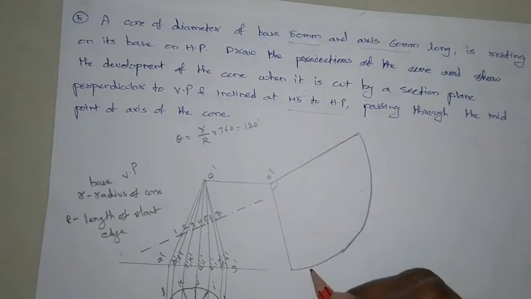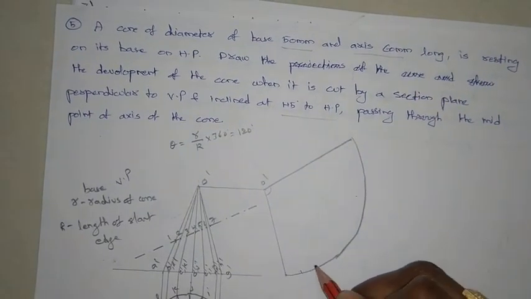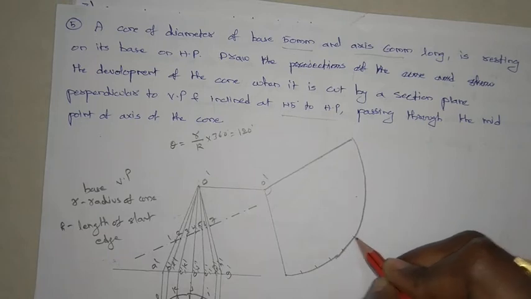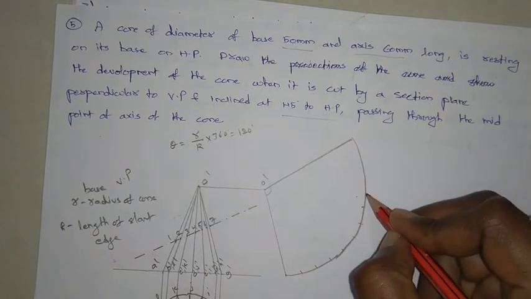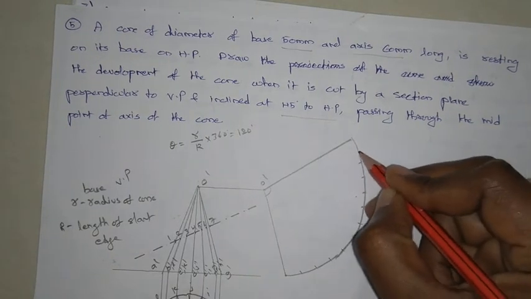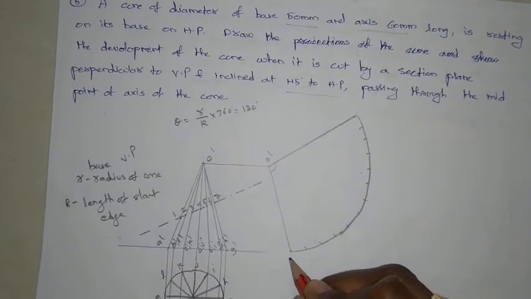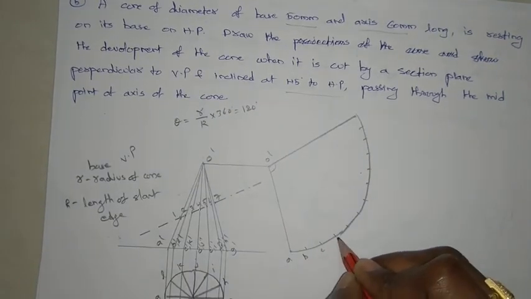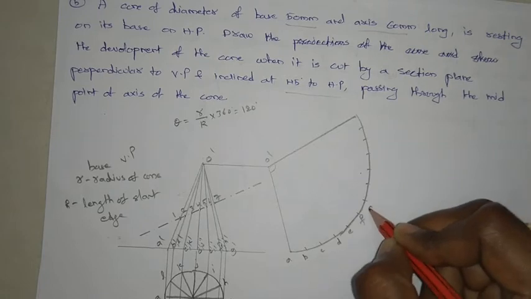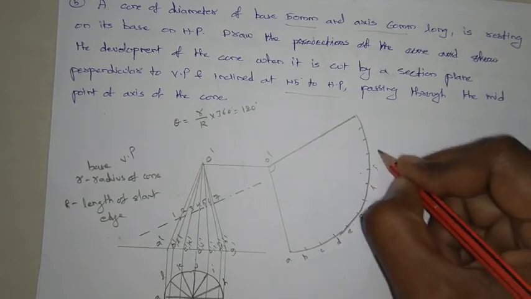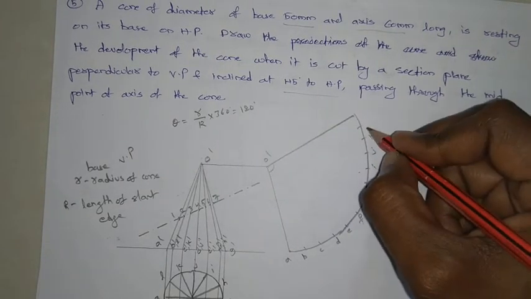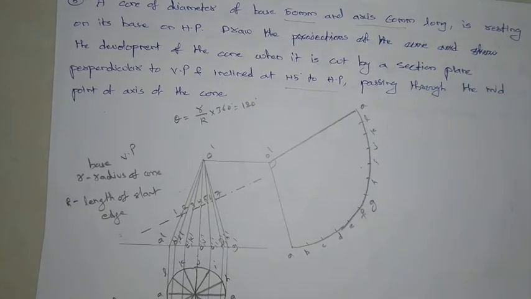Okay, now I'm going to divide it into 12 equal parts. 1 2 3 4 5 6 7 8 9 10 11 12. So this is going to be A B C D E F G H I J K L and again A. So with the help of scale I am going to draw these straight lines.